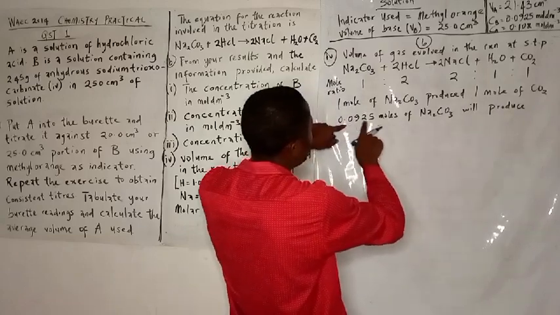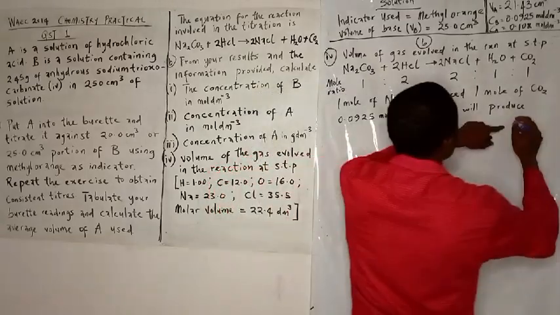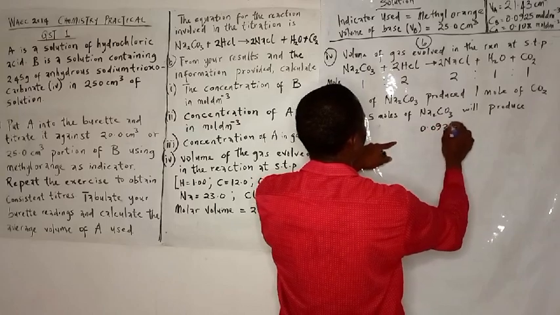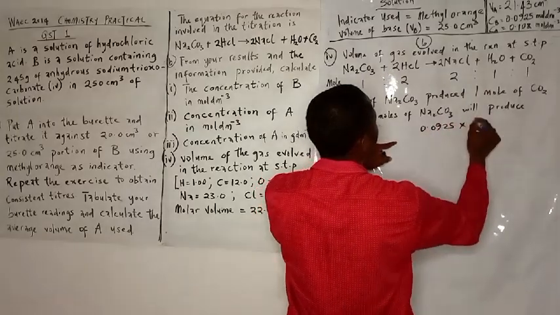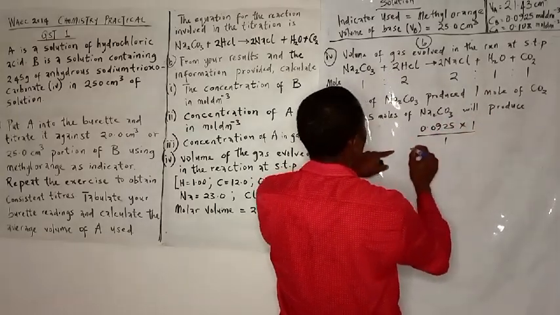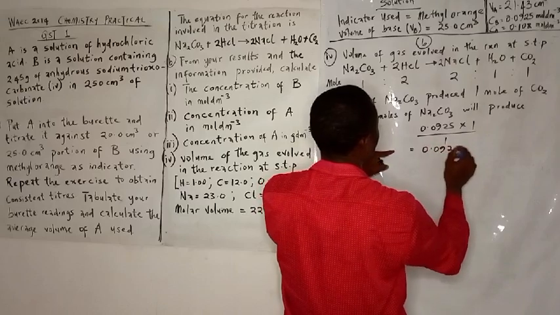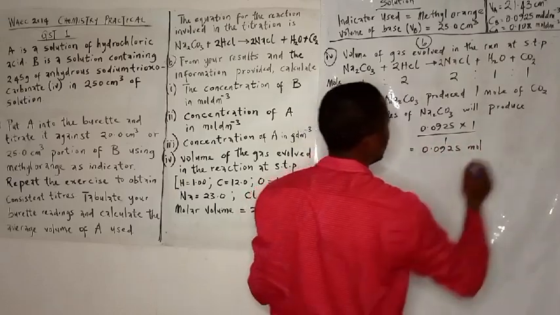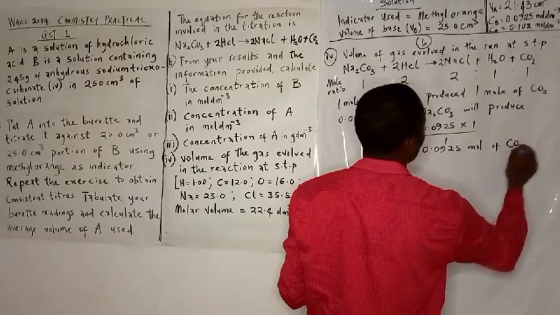So 0.0925 times 1/1 will give us 0.0925 moles of CO2.